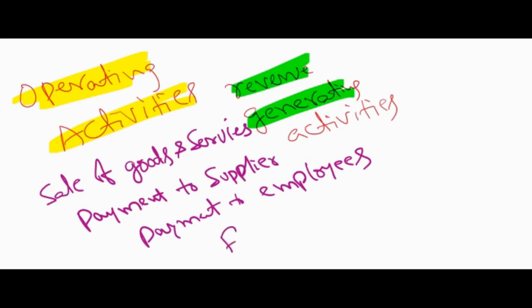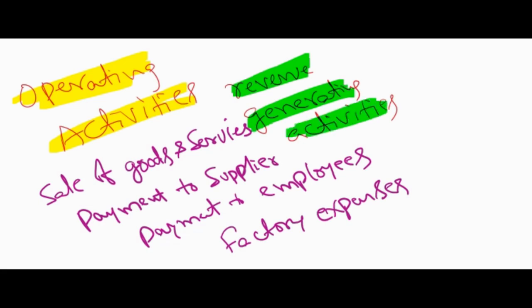Or let's say any factory expenses. You may be paying rent or whatever, right? So these are the operating activities which we need to consider while preparing the cash flow statement under operating activities. These are basically revenue generating activities in the business.